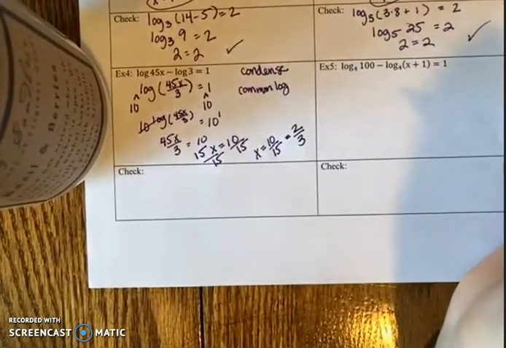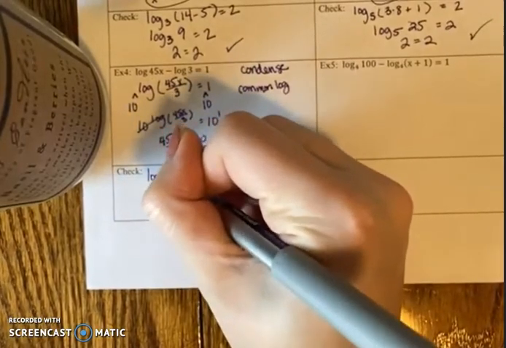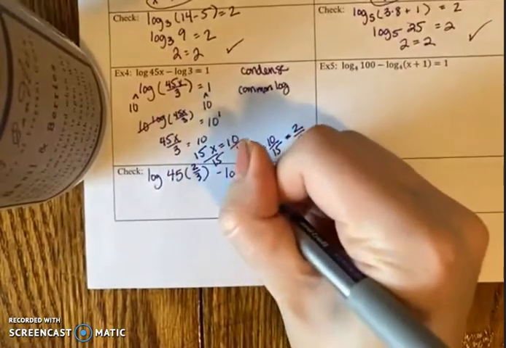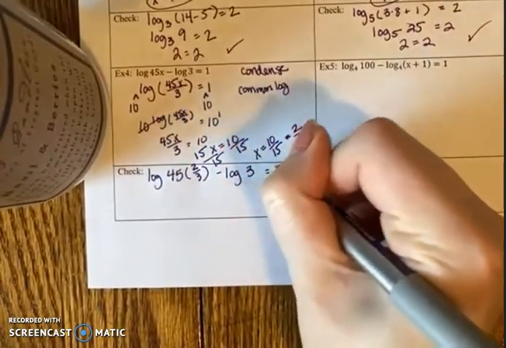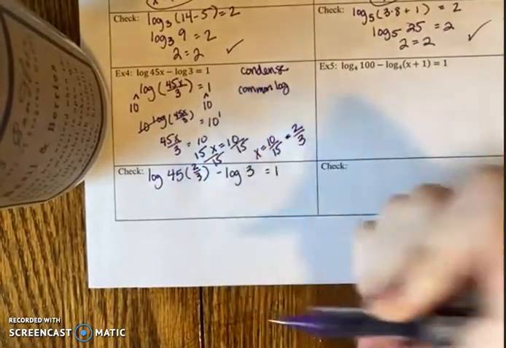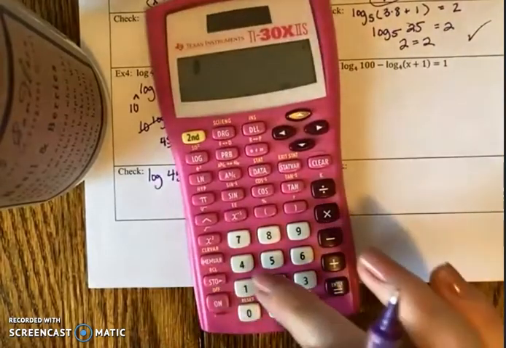Let's make sure that this really does work. I have log of 45 times 2/3 minus log of 3 equals 1. 45 times 2/3, if you want to plug that in your calculator, you can.